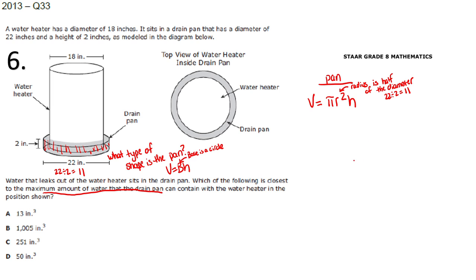Our height is what goes up and down, which is 2. So here is the volume of the pan. We have to know what pi is. Put that as parentheses 3.14, our radius, which is 11 squared, and then times our height. Now, let's get that answer real quick, and then I'm going to explain what else is going on in this question.